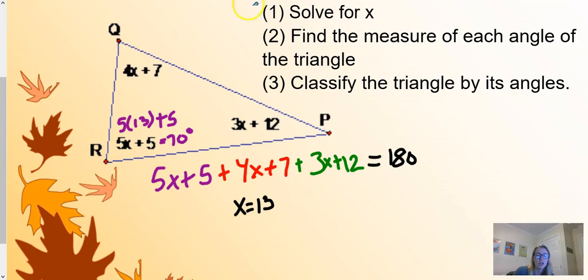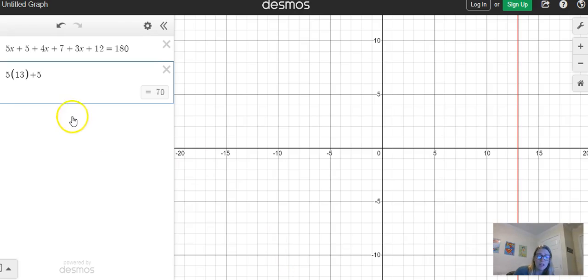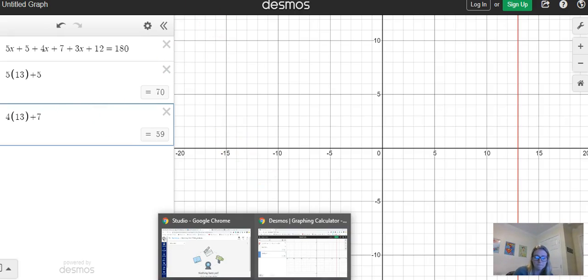Okay, and then we've got 4 times 13 plus 7. Again, you can use Desmos. It is your best friend. 4 times 13 plus 7 gives us 59.